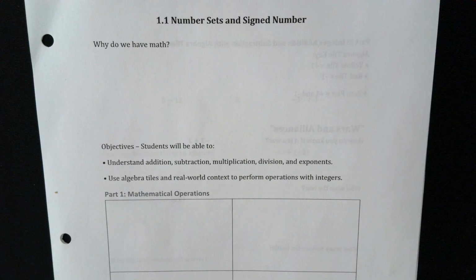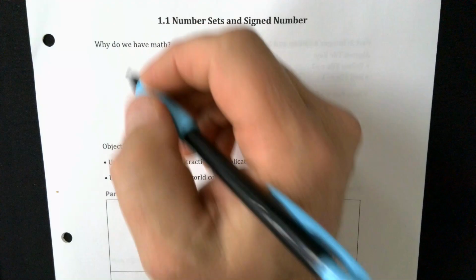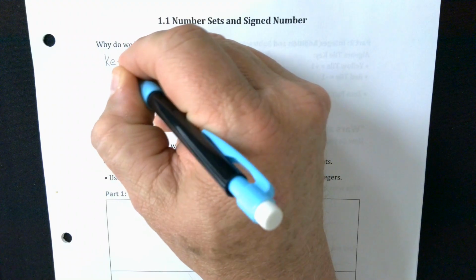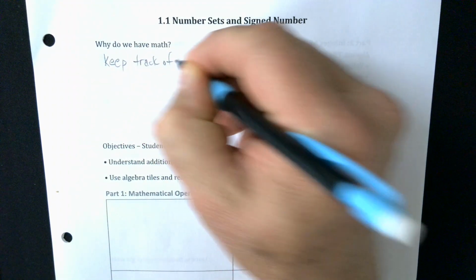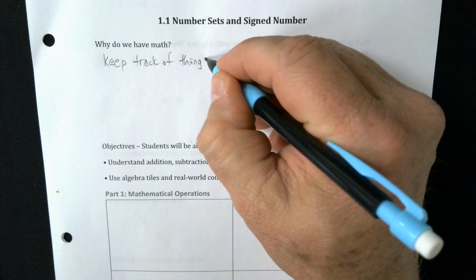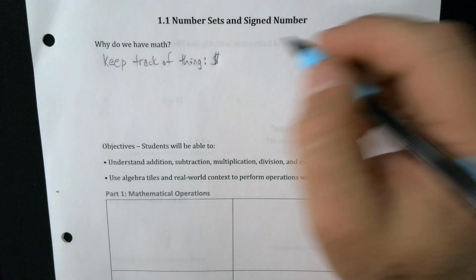Okay, so hopefully you've written some of those ideas down. Some of the ideas our students brought up: it's one way that we keep track of things. Money was a big one, to keep track of money.